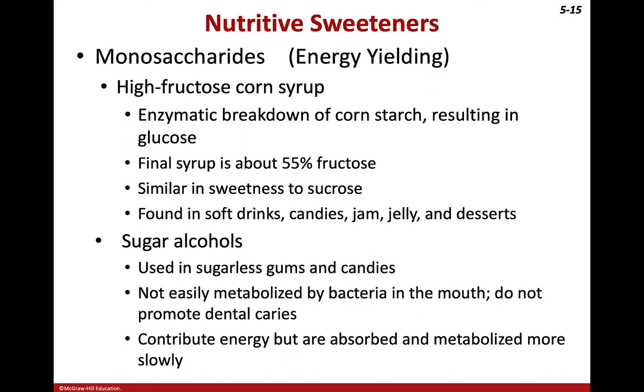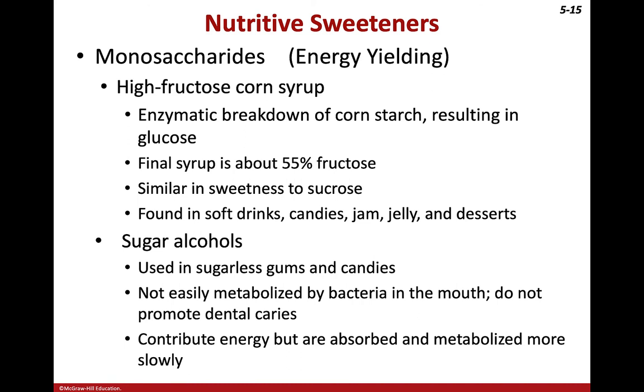Now, high fructose corn syrup is produced through the enzymatic breakdown of cornstarch, and it's about 55% fructose. One thing we're going to look at is comparing the sweetness level to sucrose, so sucrose is that frame of reference.